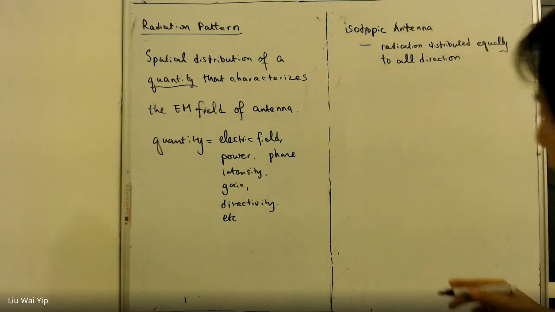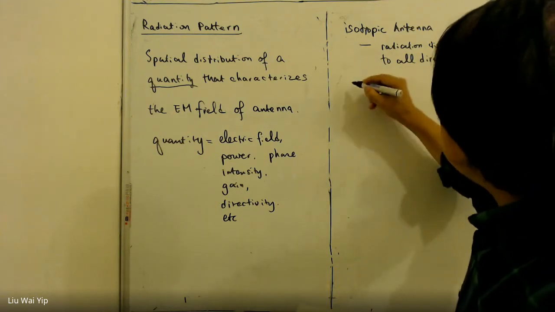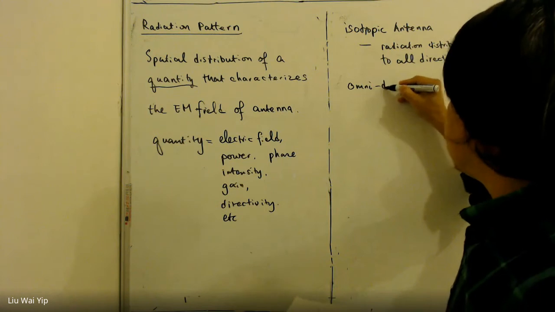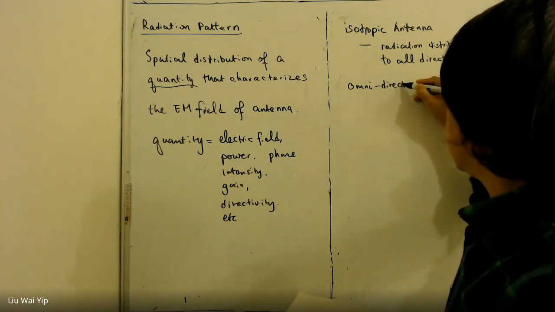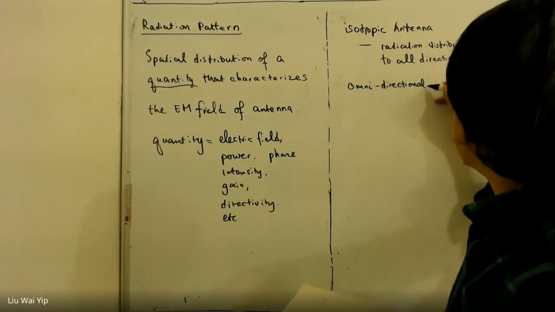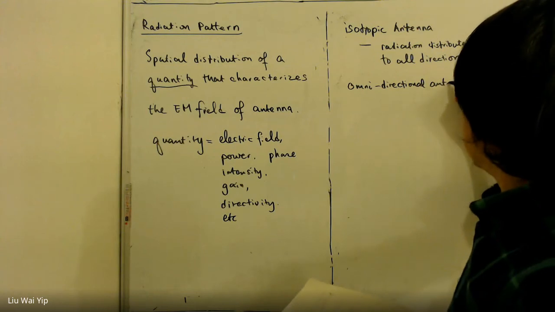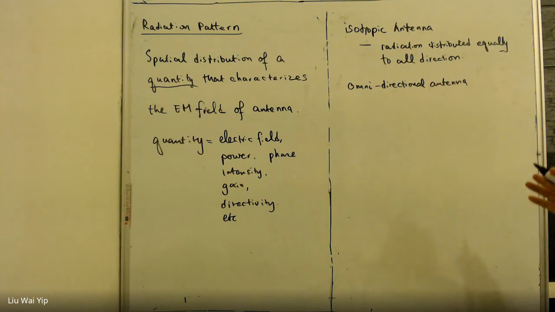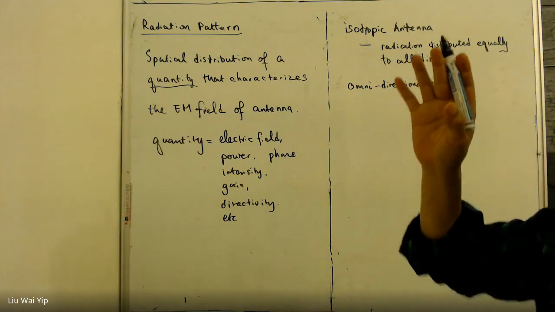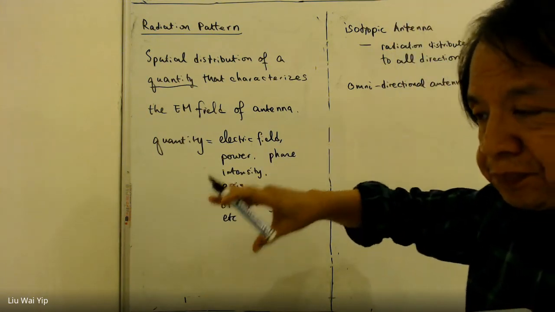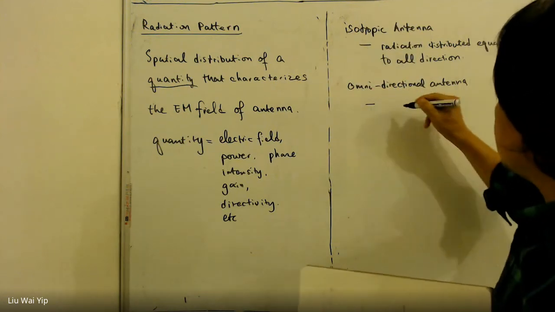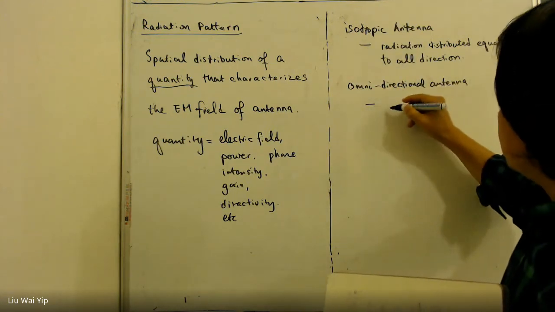Another one is the omnidirectional antenna. The antenna itself is directional in one plane only. So omnidirectional, right?